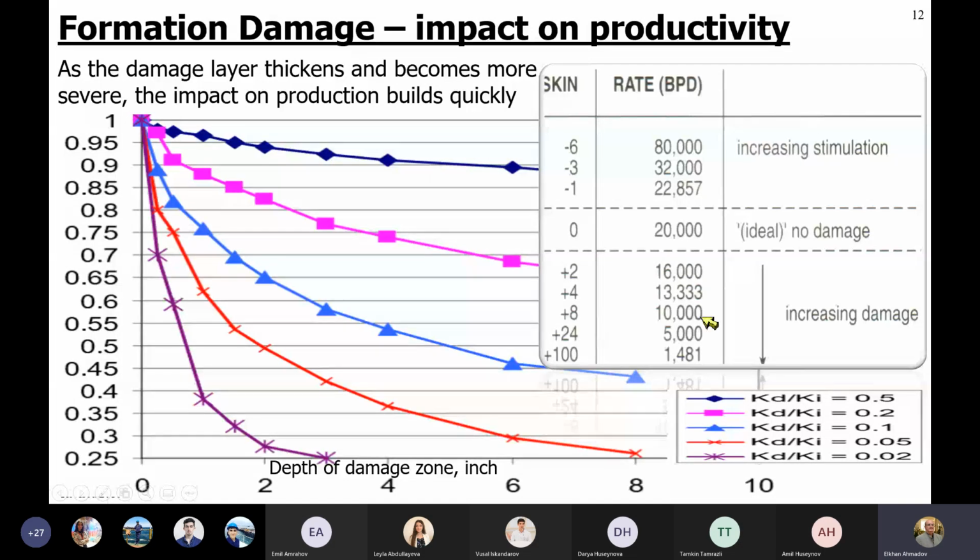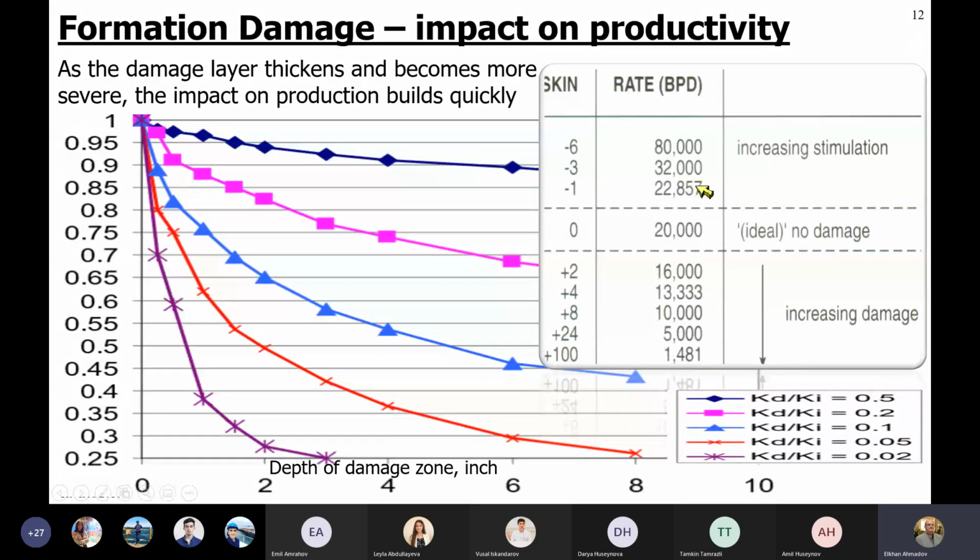Okay, and the higher the skin, the more the increasing damage, and the higher the effect on the production.